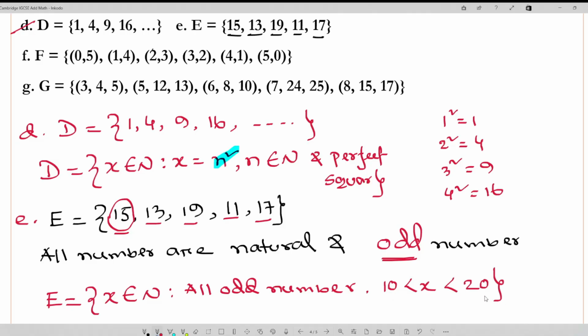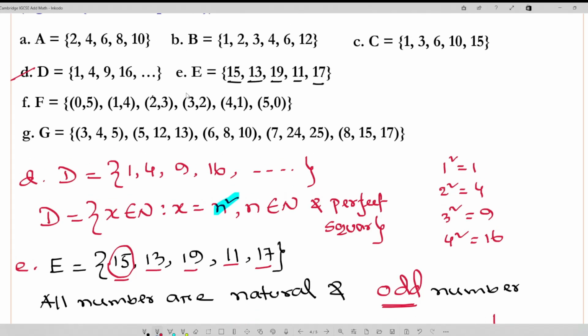Between 10 to 20, all odd numbers in here, like 11, 13, 15, 17 and 19. So our answer is between 10 to 20, all odd numbers. Okay, so number E done.